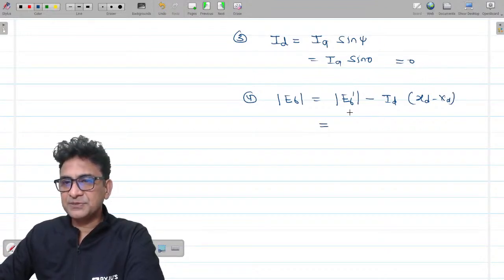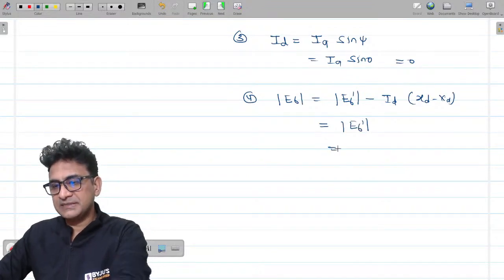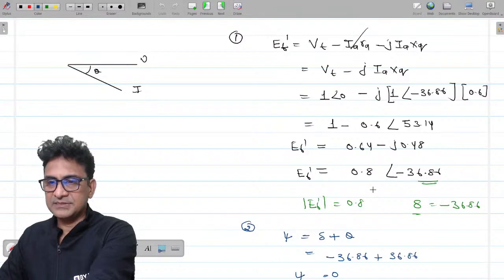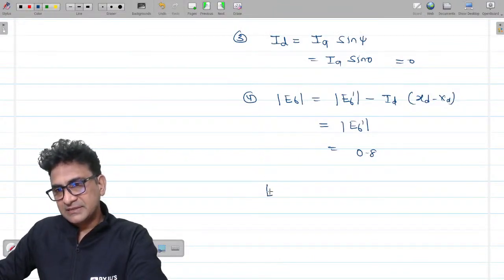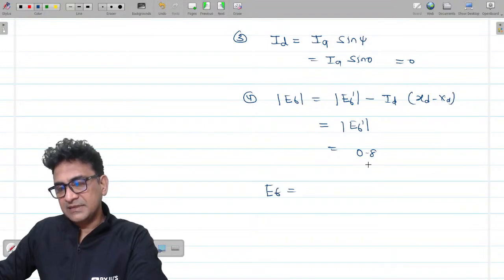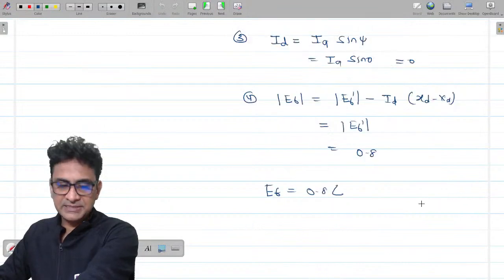ID is 0, so it is equivalent to EF dash only. And EF dash we calculated is 0.8. So my final answer: EF magnitude is 0.8 and its angle is minus 36.86.